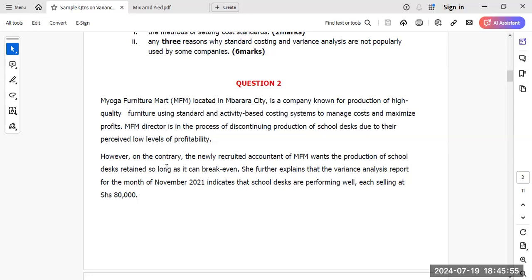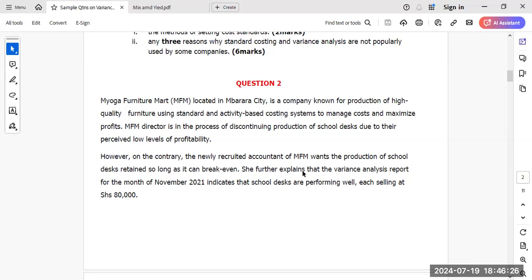In this paragraph, they are just introducing the company and the situation around it. However, on the contrary, the newly recruited accountant of MFM wants the production of school desks retained so long as it can break even. So she is saying, as long as school desks can break even, no need of discontinuing them.